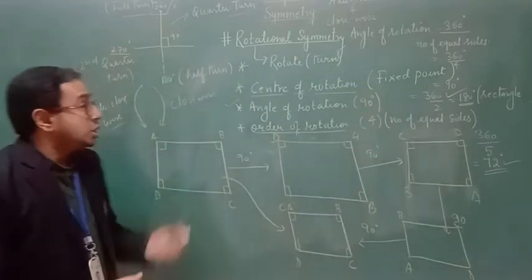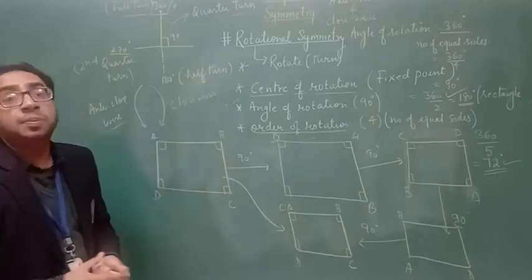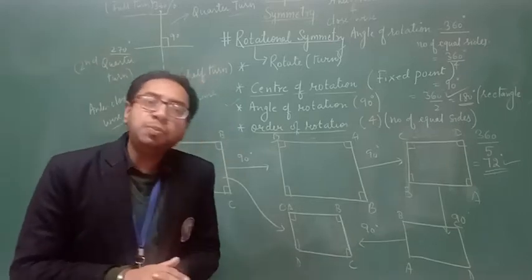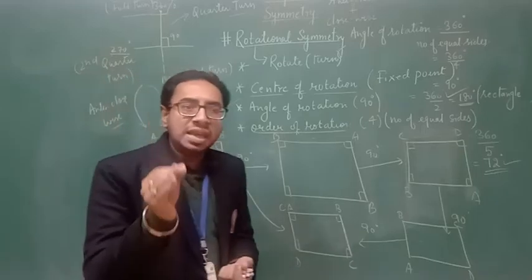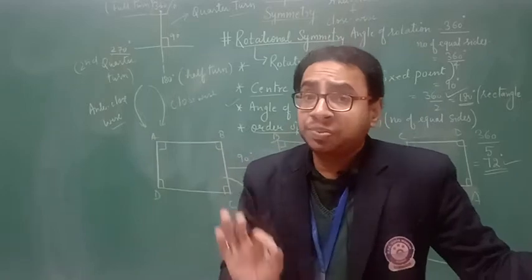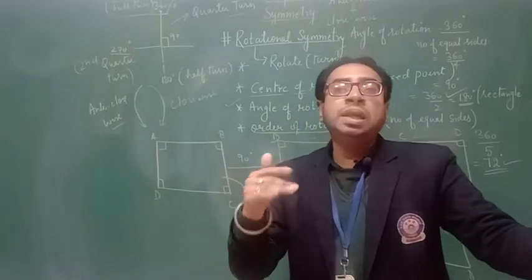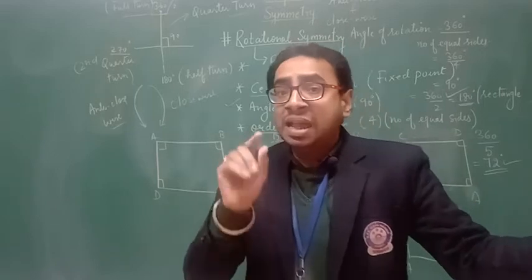Are we clear? So rotational symmetry, center of rotation, order of rotation, all are parts of this. Now one important thing for you. Do you think any object in nature does not have rotational symmetry? The answer is clearly yes or no, maybe. Understand what it means.